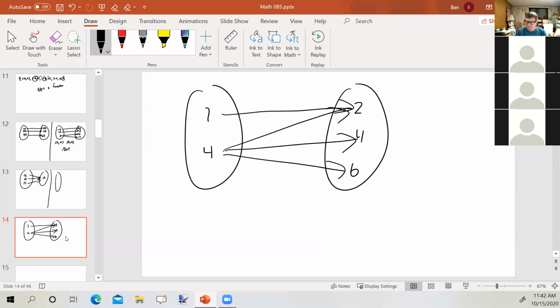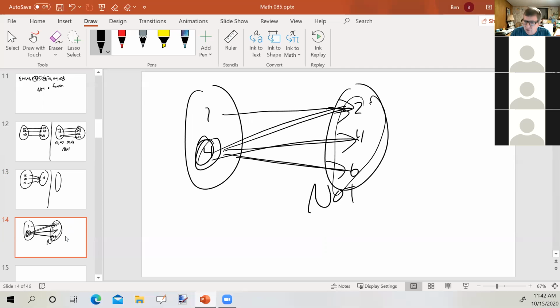Would it be no? Correct. Here we have a person, we should be studying this in psychology. Here's a person with 3 different personalities or something. Not a function. You've got one input going to 3 different outputs, so not a function. Each input can only go to exactly one output. You can have several inputs going to the same output, but you can't have one input going to several outputs. All right.